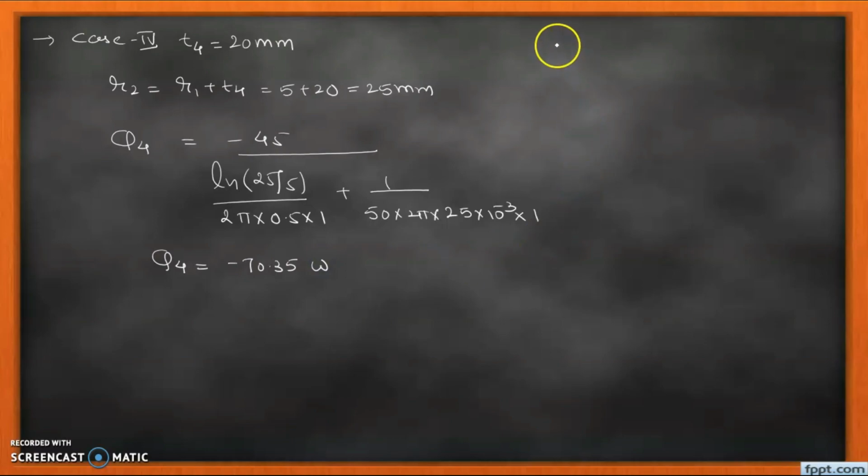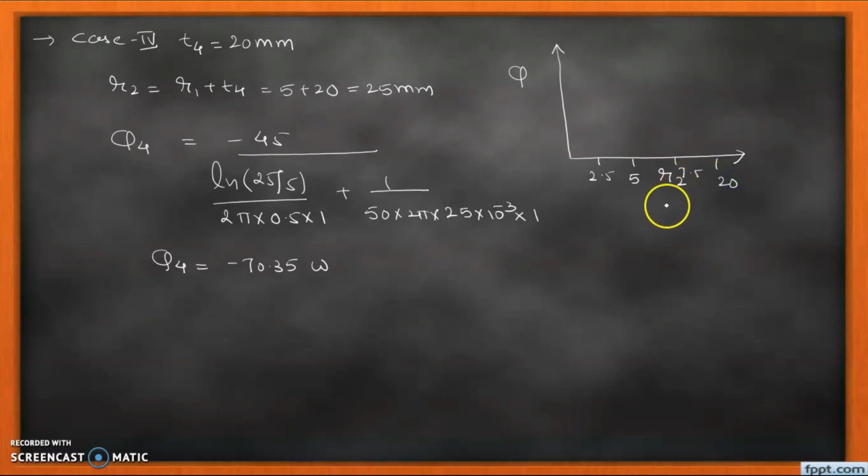Students, if we plot the curve for the rate of heat transfer versus the radius R2, then here we take the R2 and here we get the Q gain. So suppose we start with the thickness of 2.5, then we have the 5, then we have the 7.5, and then we have the thickness of 20 millimeters.